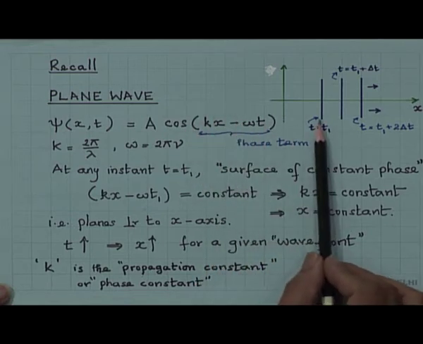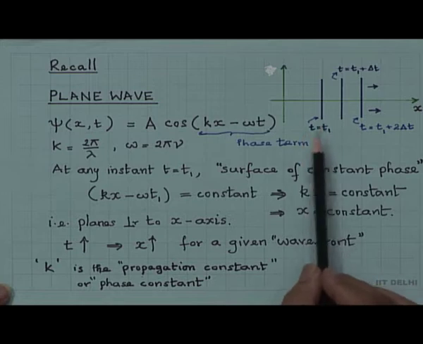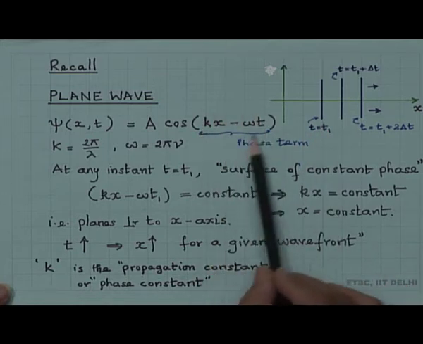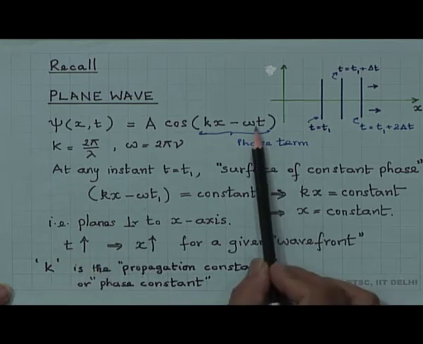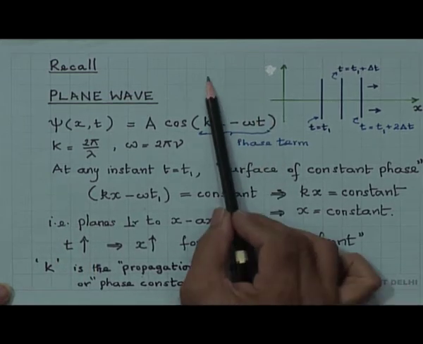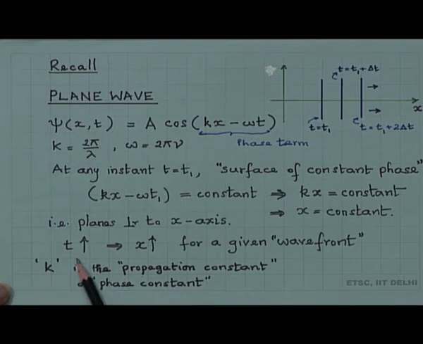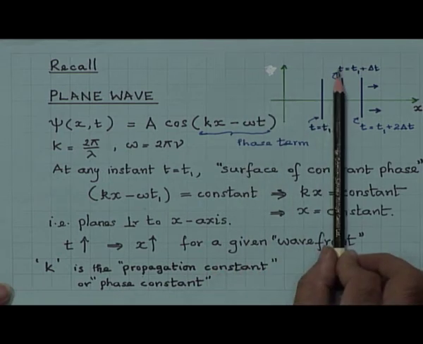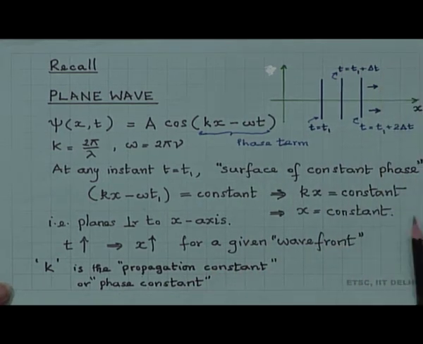If we are tracking this wave front, then the wave front is defined by this equal to some constant value, and therefore, as t increases, x increases for a given wave front. In other words, the wave will move in the positive x direction.